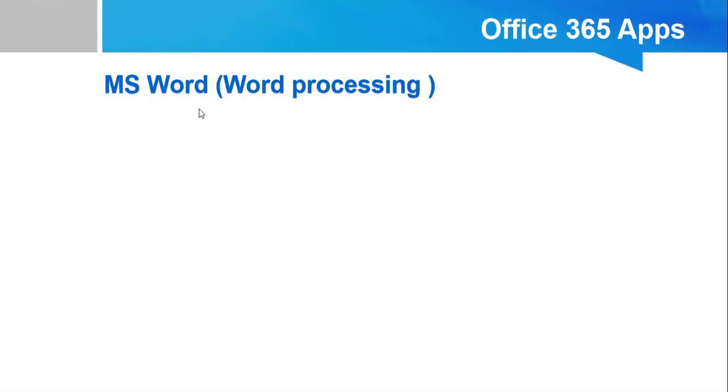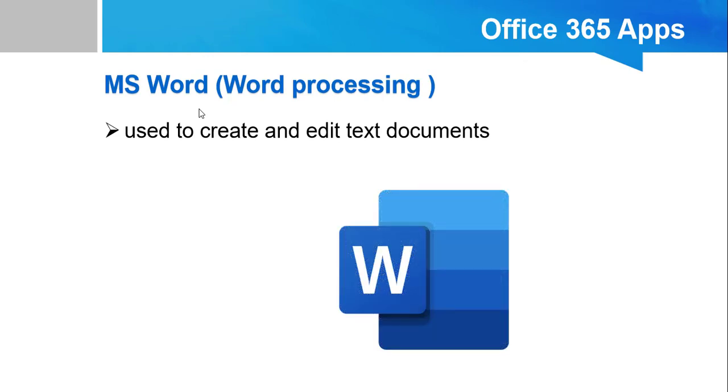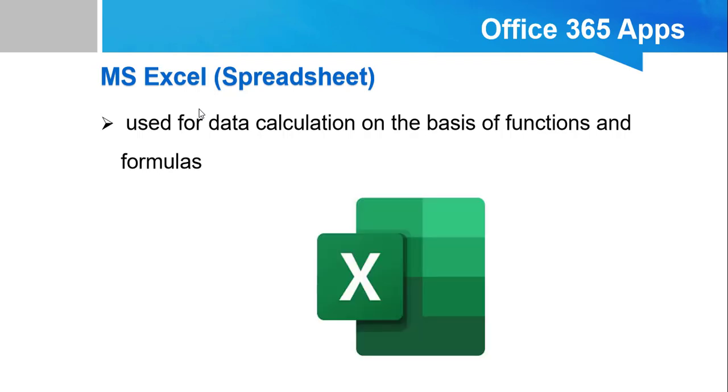MS Word is actually a word processor that is used to create and edit text documents. After that, MS Excel is Microsoft spreadsheet software that is used for data calculation on the basis of functions and formulas.